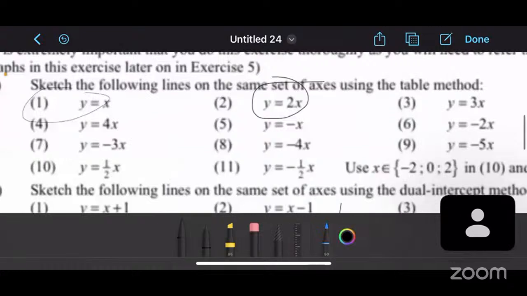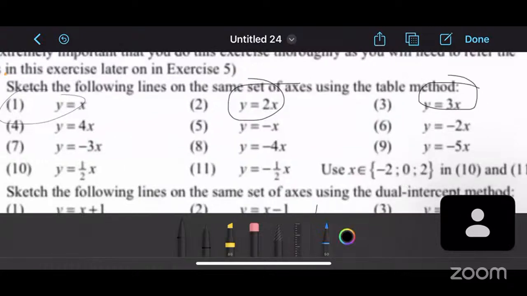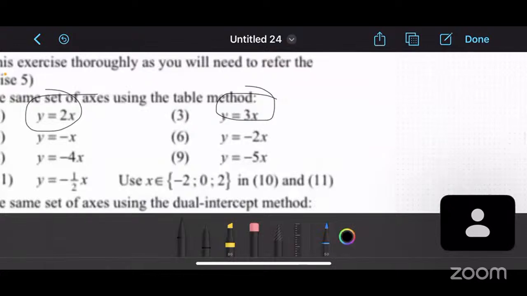Let's have Manahil do number 3 here. So y is equal to 3x. How are we going to do this? Using the table method, okay?